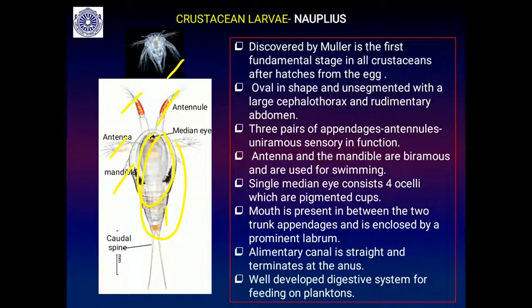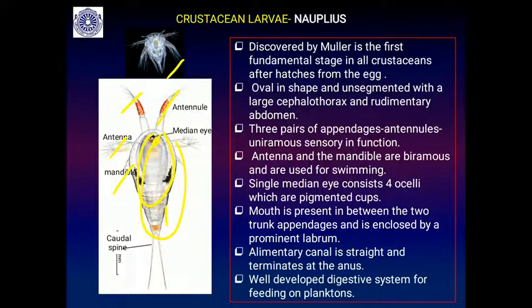They are biramous. There is a single median eye. In adult crustaceans you find a pair of eyes, but in the larval stage there is a single median eye, which consists of four lenses or ocelli.